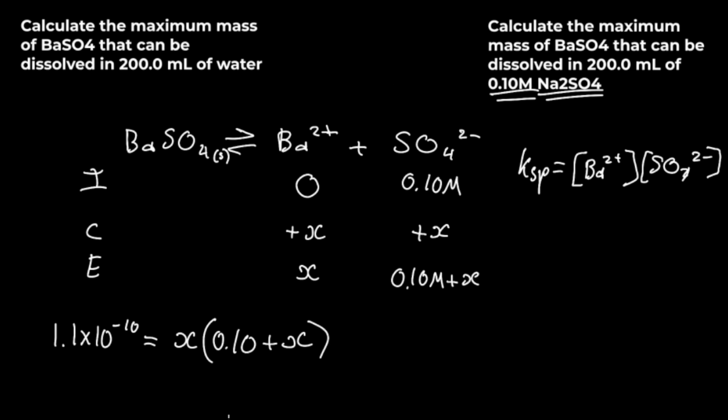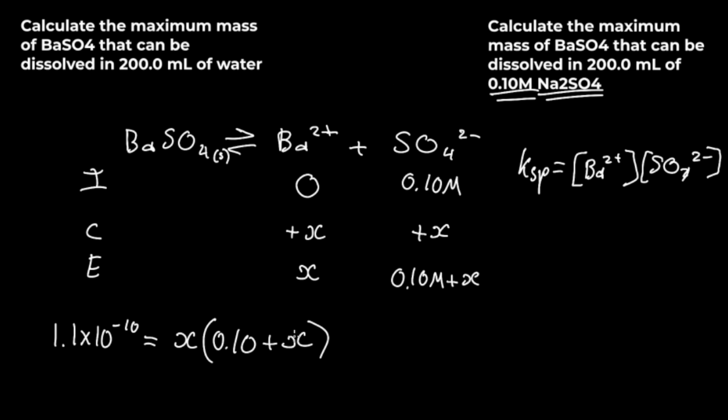One of the confusing parts about this is why we can disregard the X within the brackets here. Remember that Ksp is the product of the concentrations of these two ions.